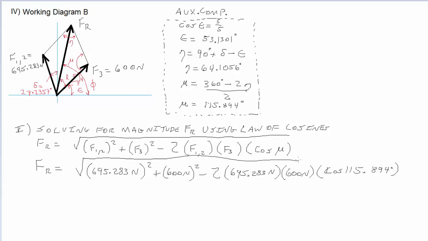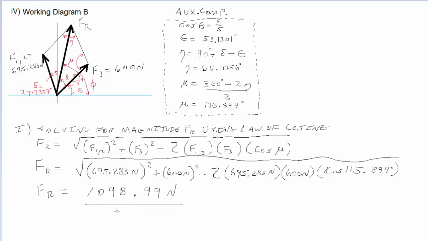Now you may wonder why I'm carrying 6 significant figures. Remember, I told you the requirement for this class is that you do 4. The reason I keep everything to 6 is because then I know when I round it, it's going to be accurate to 4. You are still only required to do 4. However, I do recommend that you do 6 in the intermediate steps. So when you plug that into your calculator, you should get 1098.99 newtons.